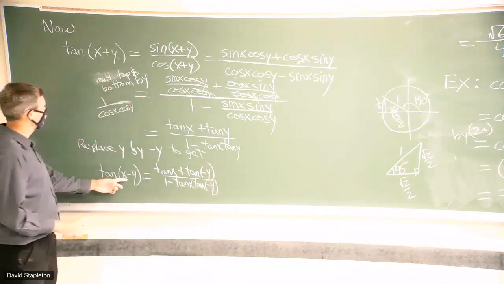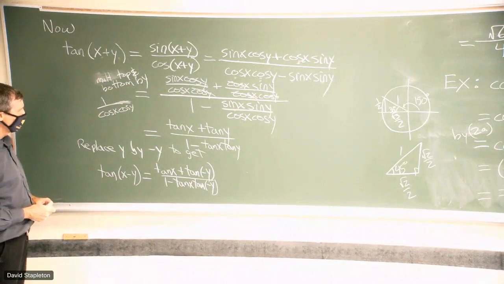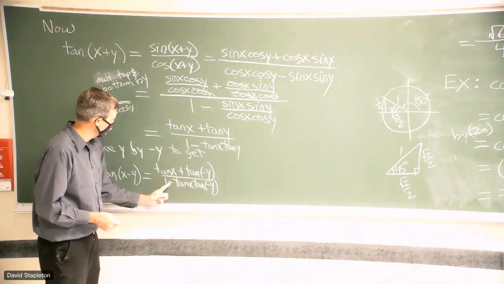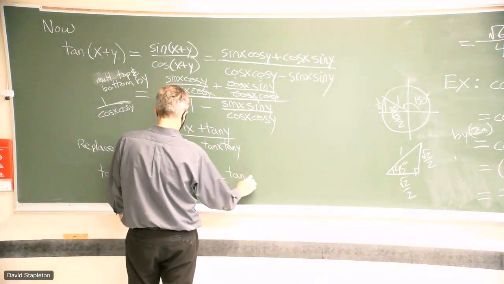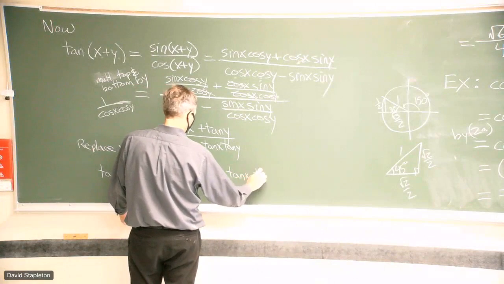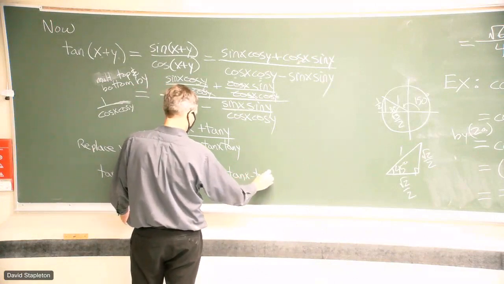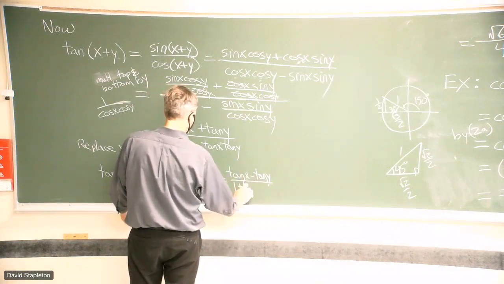Let's replace y with minus y because it works for any angle. But now tangent's odd, so the minus comes out here, and the minus comes out here and cancels this one. And you get tangent x minus tangent y over 1 plus tangent x tangent y.